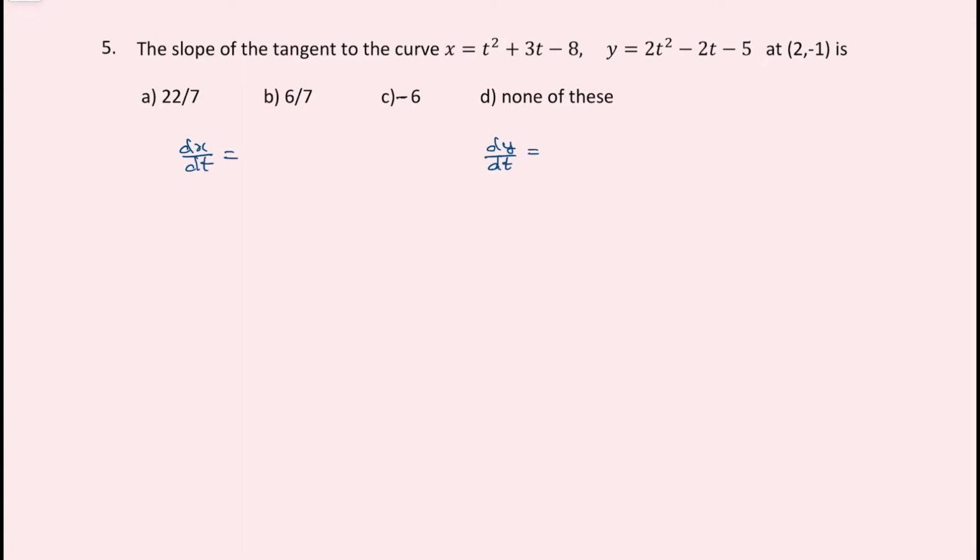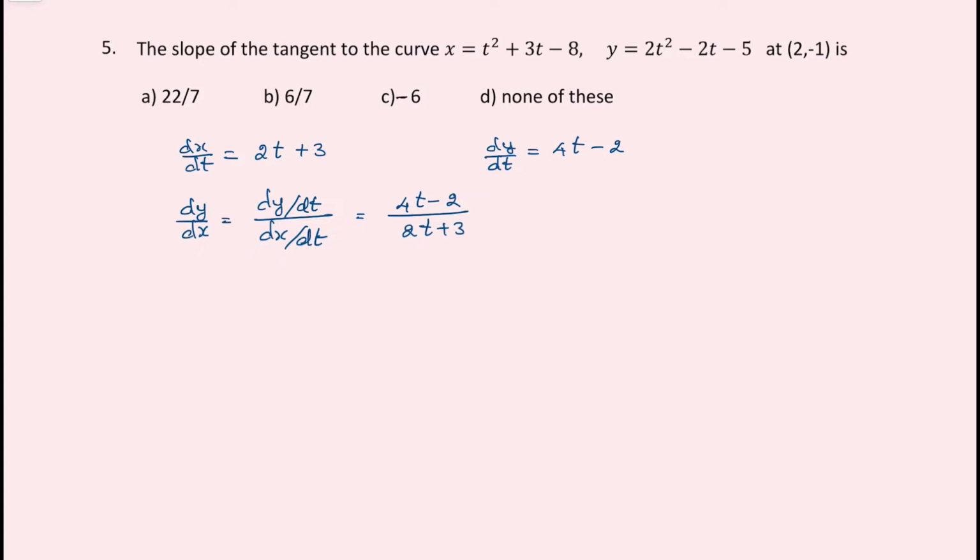Divide to find dy by dx. dx by dt is 2t plus 3 and dy by dt is 4t minus 2. Let us now calculate dy by dx, which is dy upon dt divided by dx upon dt. So dy by dt should be in the numerator.